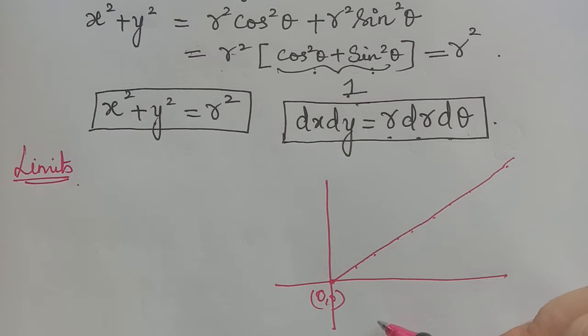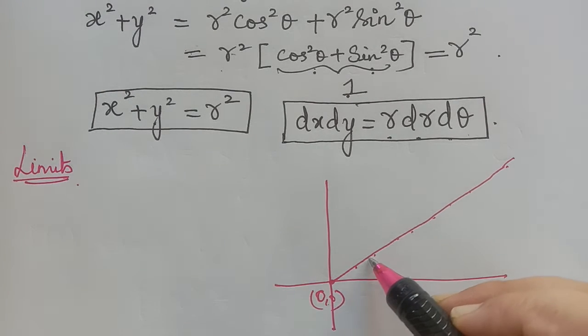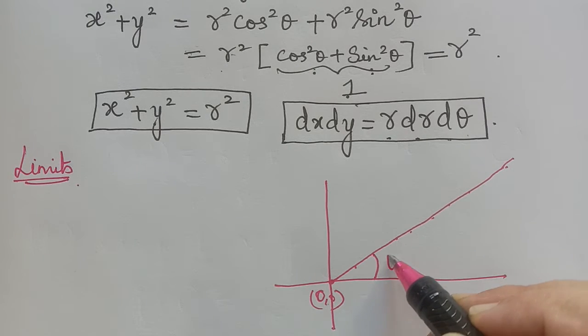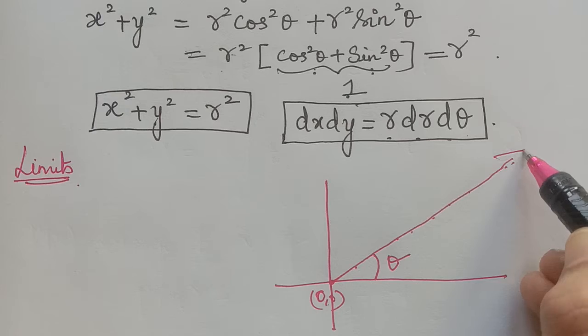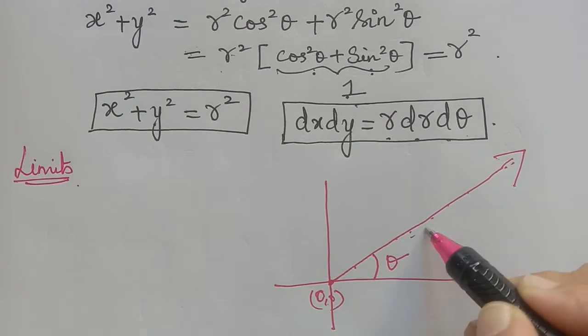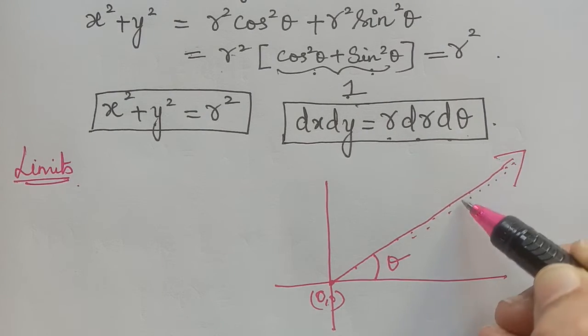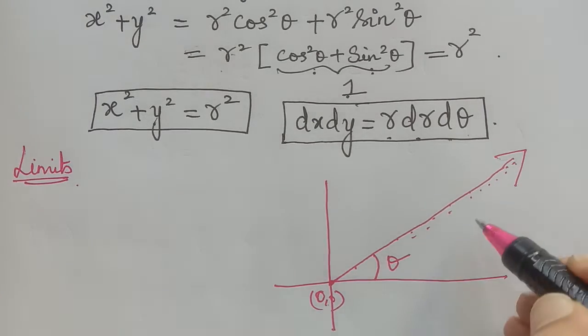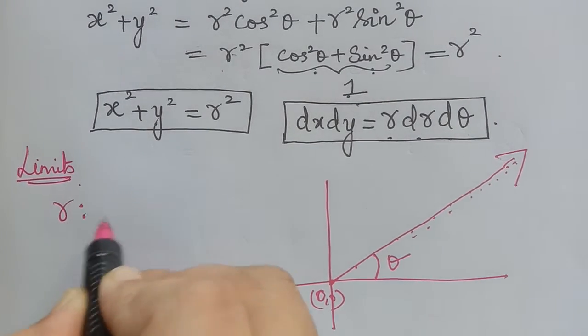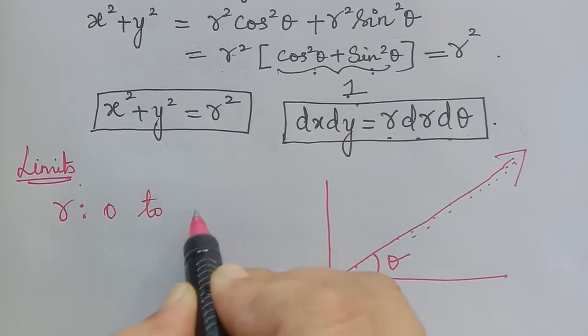If you see, r varies from 0 to infinity, because this angle is theta and this is the radius vector. So the radius vector varies from 0 and it keeps on moving. So it varies until infinity. So r varies from 0 to infinity.